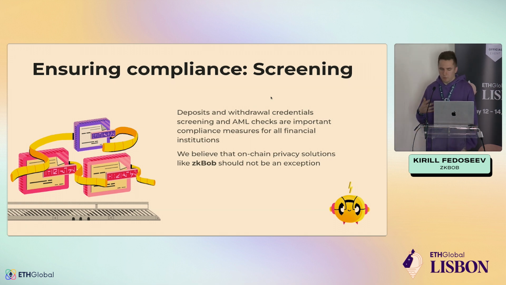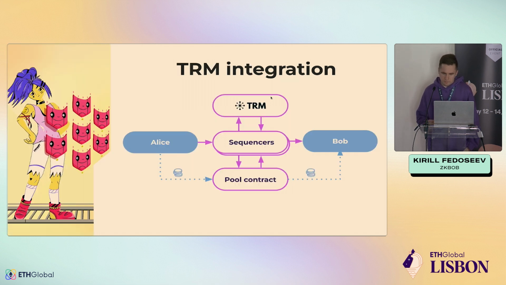And so that's something that has already existed for a long time in traditional finance and works well. And we believe that for on-chain solutions, and especially on-chain privacy solutions, this also must be the case. And so zkBob should not be an exception. And we should also follow this sanctions list and any red AML flags that our solution might raise. So right now we're using the integration with Ethereum labs for this AML screening and AML checks.